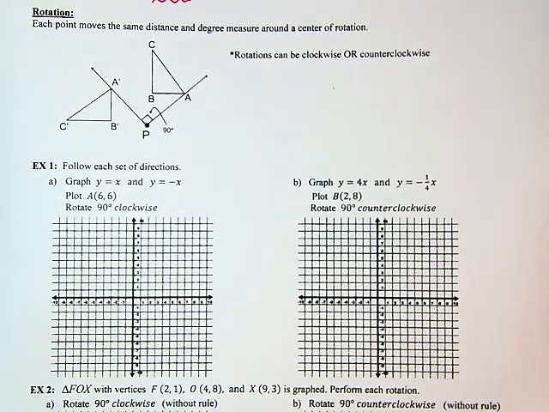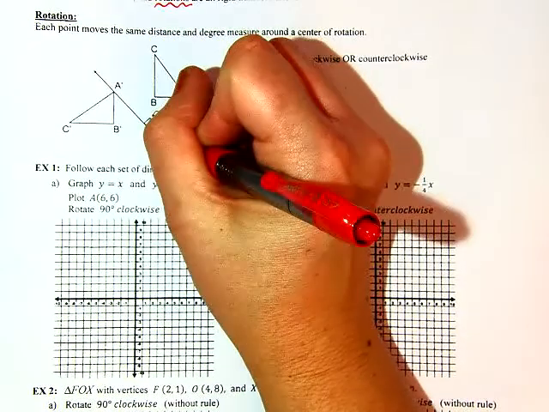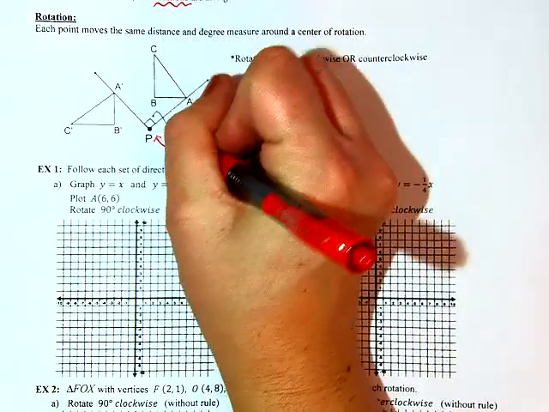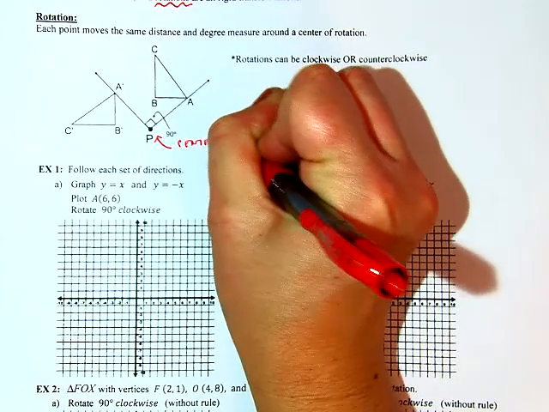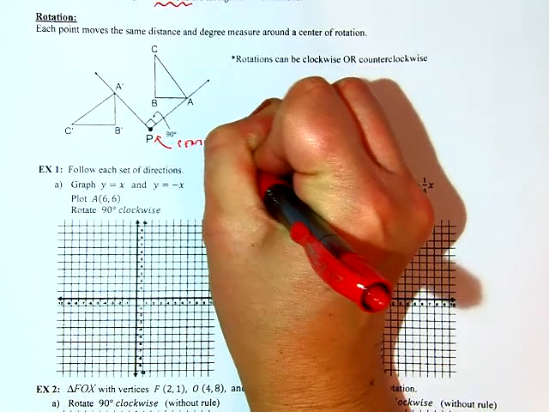For a rotation, each point moves the same distance and degree measure around a center of rotation. In my picture, the center of rotation ends up being right here where point P is. So this is the center of rotation.